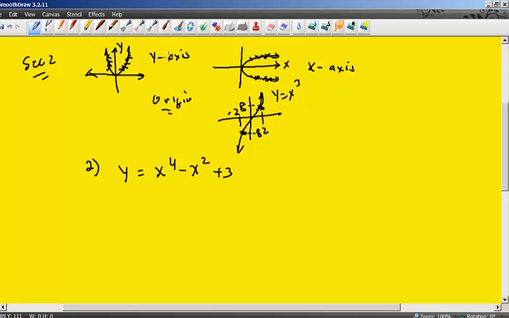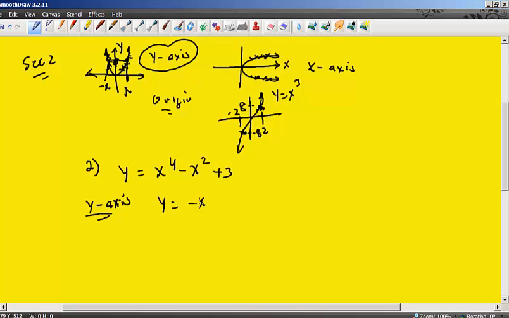Okay, let's check for the y-axis. We're checking for symmetry to the y-axis. So how do you check? You're going to take any x, put it into the equation, and if you put in a negative x, you're going to get exactly the same thing. So if it doesn't change when I put in positive and negative x, it's symmetric to the y-axis.